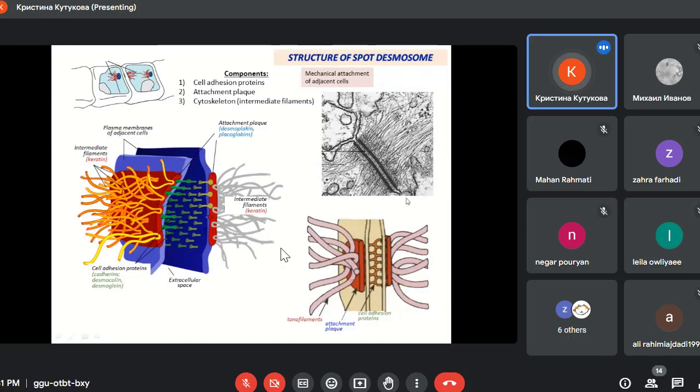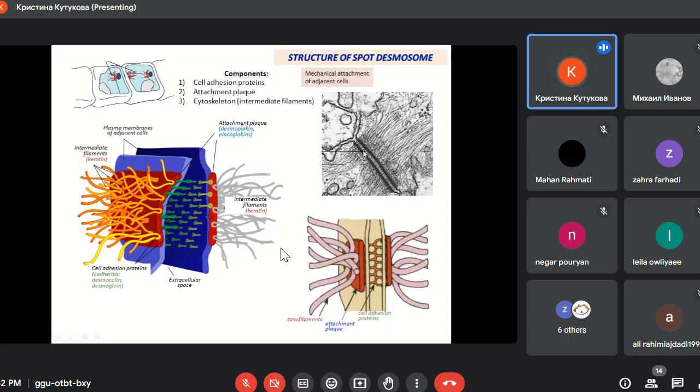And this is how this desmosome looks like in our electron microscopy pictures. So here are two adjacent membranes of adjacent cells. Between them we will see cell adhesion proteins, cadherins, desmocholine and desmoglein.